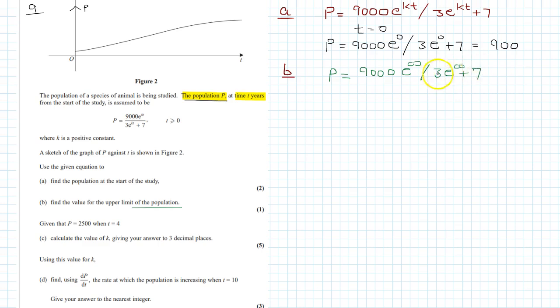So the 7 is not going to matter, so this is 9000 over 3. So that will be 3000. So we are not going to consider this for the upper limit.